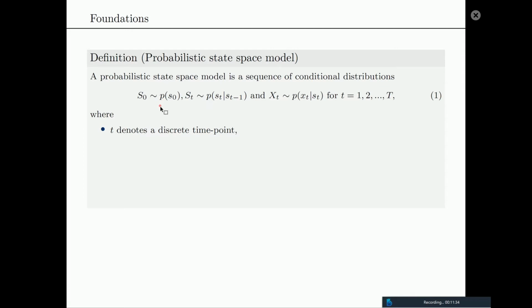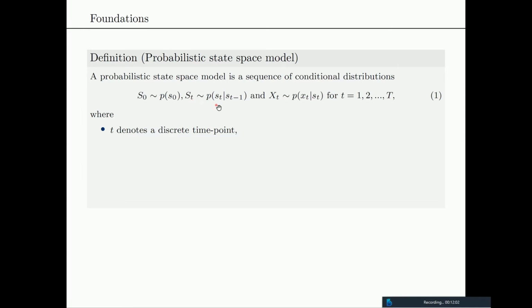When we later talk about Gaussian state space models, linear Gaussian state space models, the P will be probability density functions. Here it can also be probability mass functions. If it's only probability mass functions, we would immediately be in the hidden Markov scenario. And here we are just a little more general. So we have S0 being distributed according to a probability distribution over S0. And then we have S_t, where S stands for state.